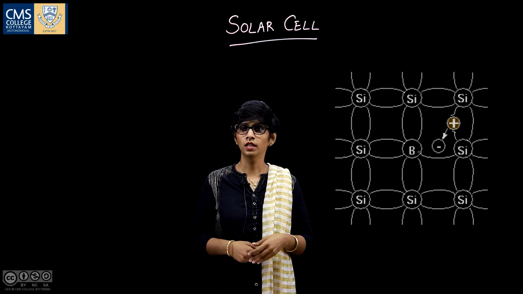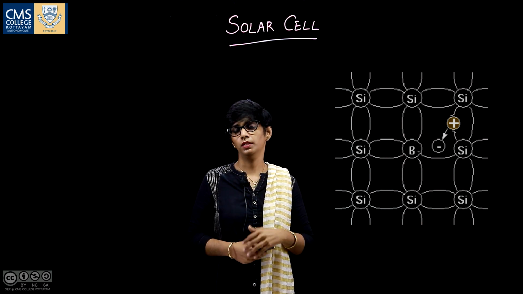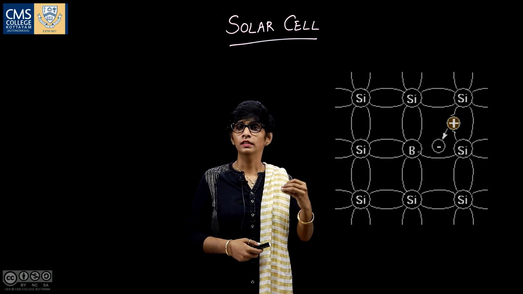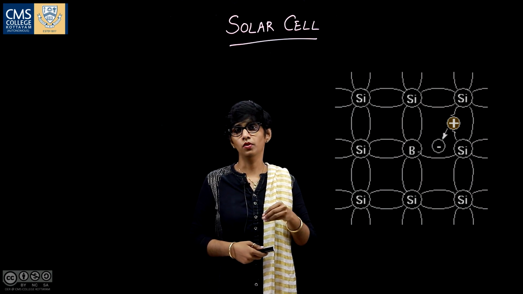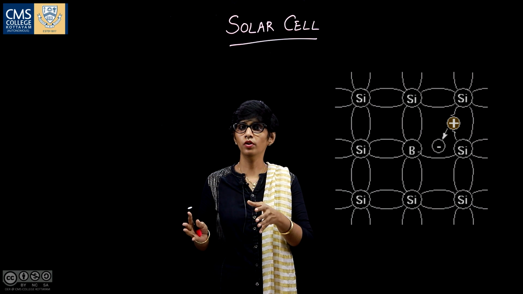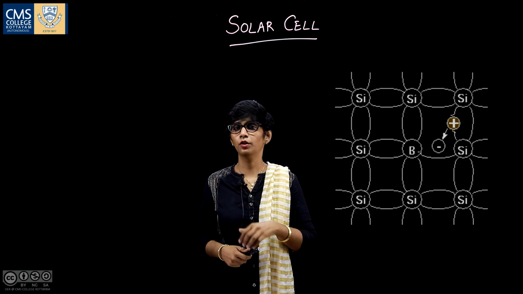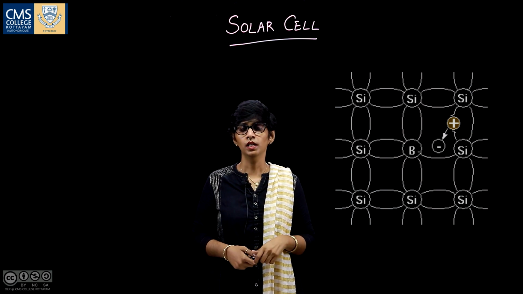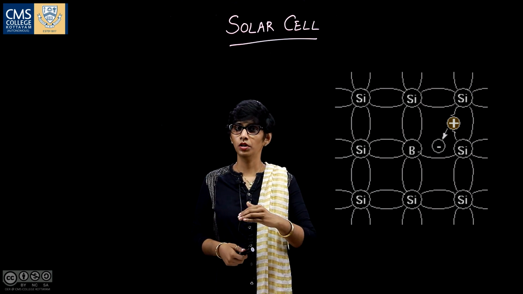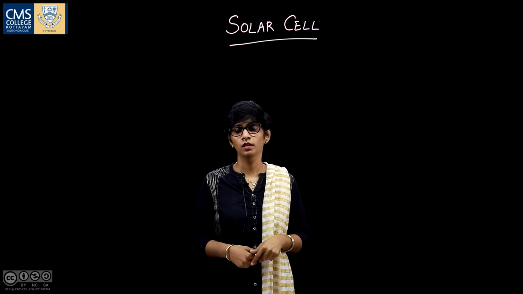So what happens? The boron atom has 3 valence electrons. So when it bonds with the silicon atom, there is a lack of electron. This lack of electron is called a hole. The holes have a charge opposite to that of electrons.